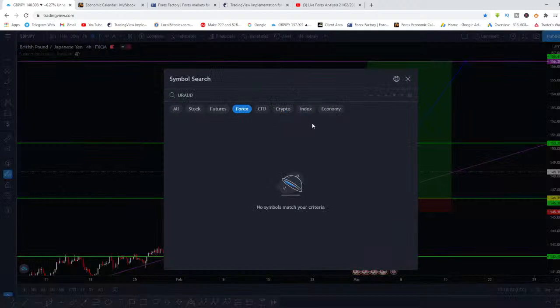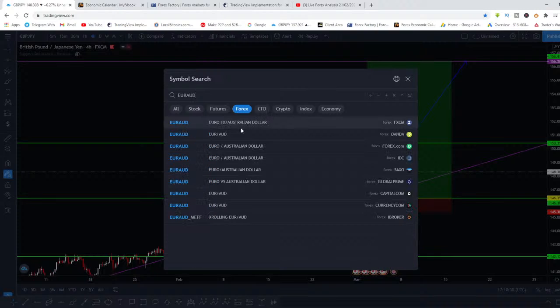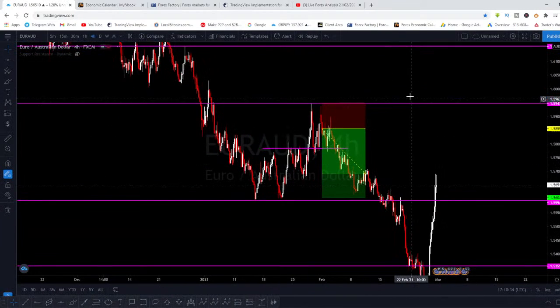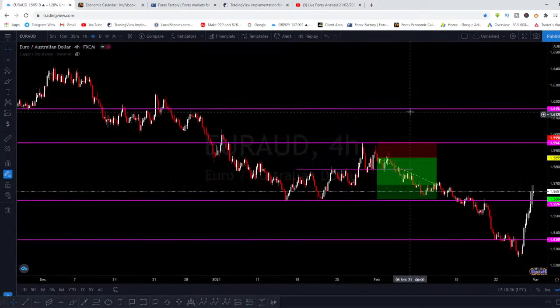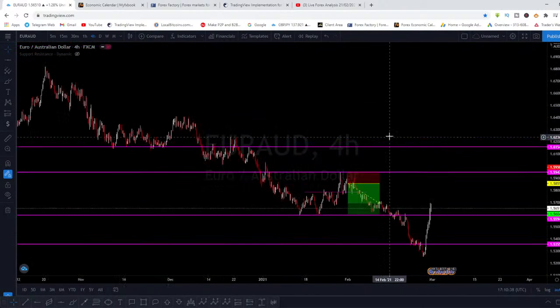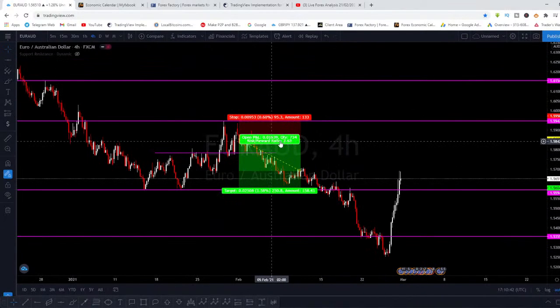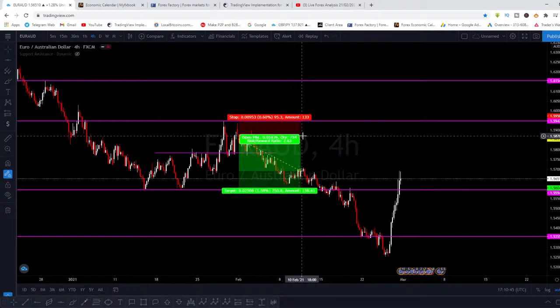It is Forex, so Euro AUD. All right, this is Euro AUD. Okay, guys, you still remember my analysis on Euro AUD, right? There was a time that I sent a sell signal on Euro AUD around this area.